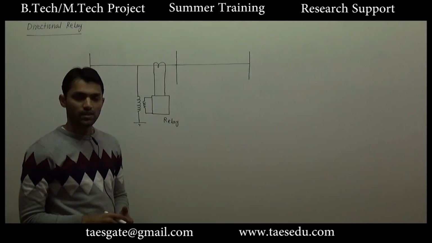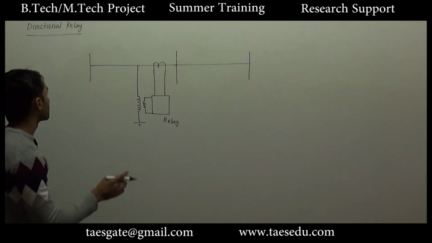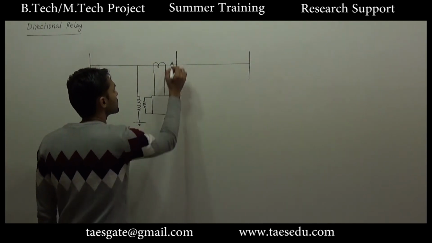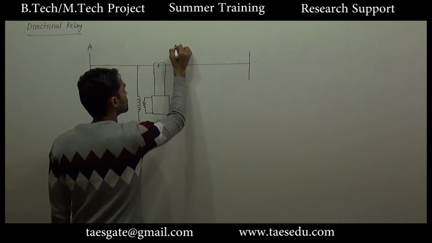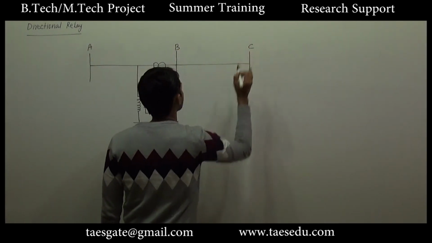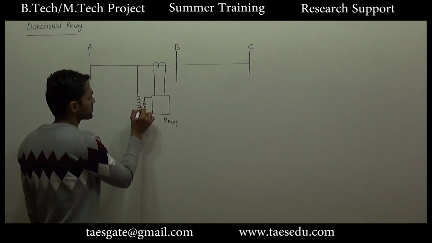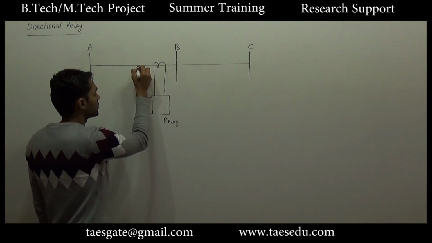Now let us study the principle of directional relay. Consider a part of a power system, and this is a relay which is connected to, let's say this is bus A, this relay is connected to bus B, this is bus C. This is a potential or voltage transformer.